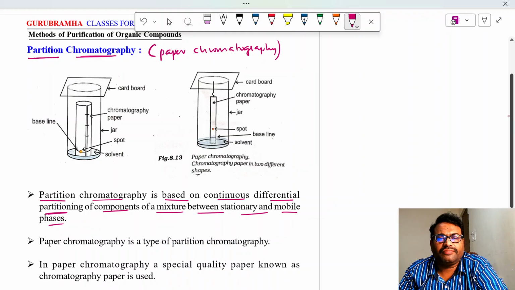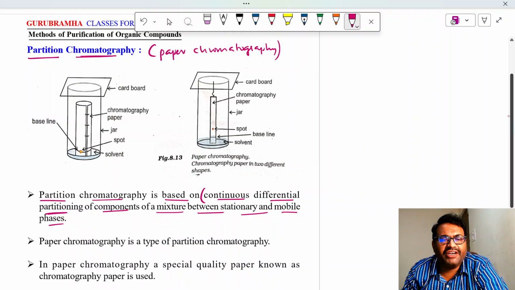So this partition chromatography is based on the continuous differential partitioning of components of a mixture between stationary phase and mobile phase.